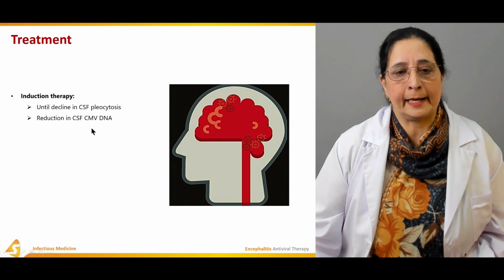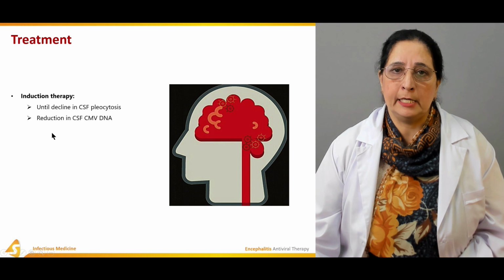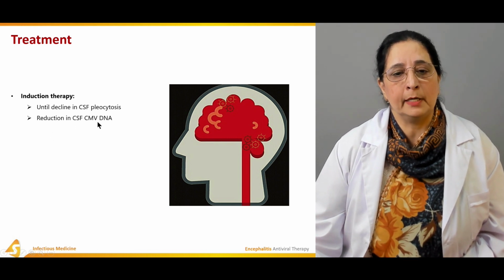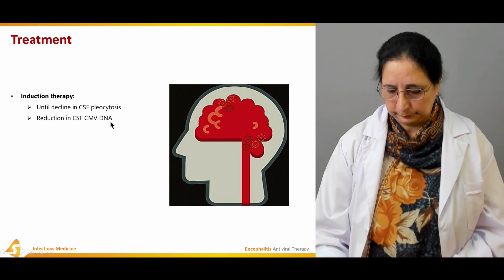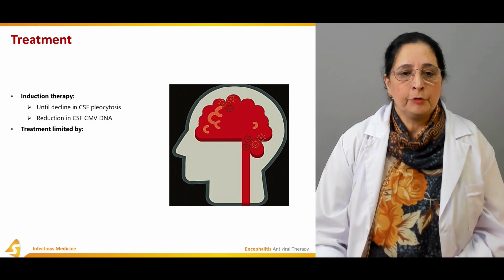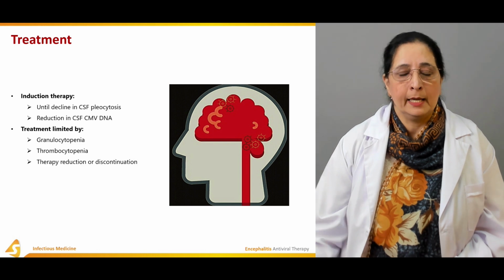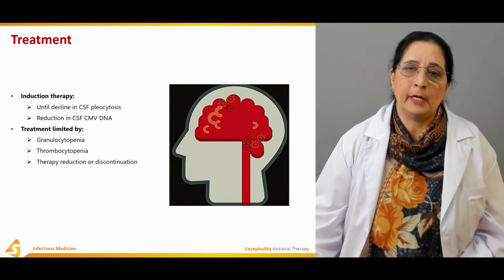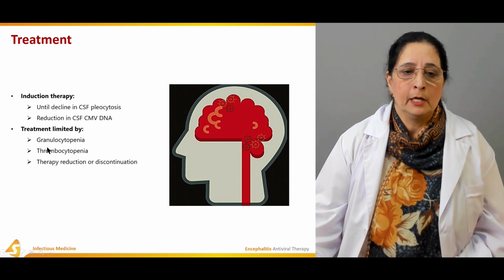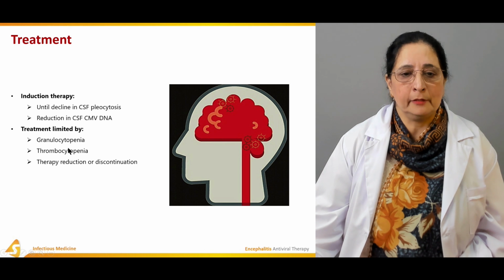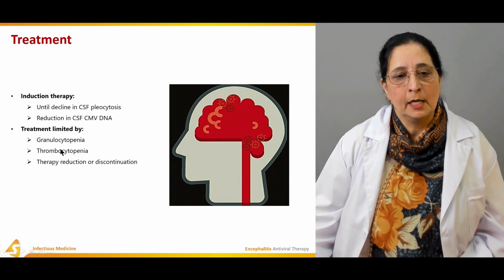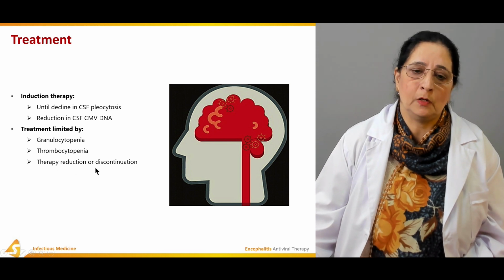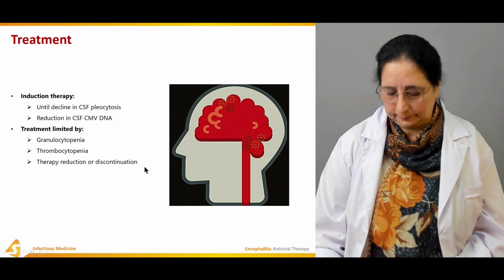Until they decline, we should give the induction therapy, and until reduction in cerebrospinal fluid CMV DNA. Treatment is limited by complications; if these occur, we should stop the treatment or reduce the dose. Granulocytopenia, granulocytes are decreased, thrombocytes are decreased, requiring therapy reduction or discontinuation.